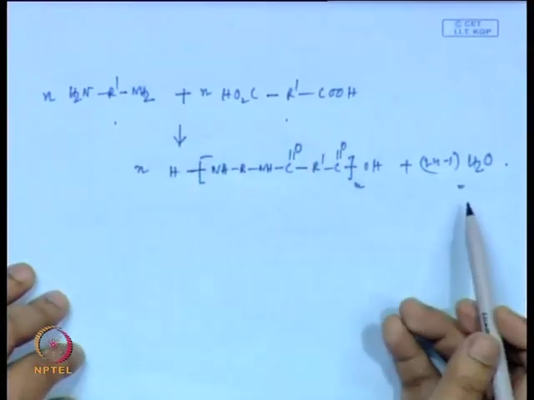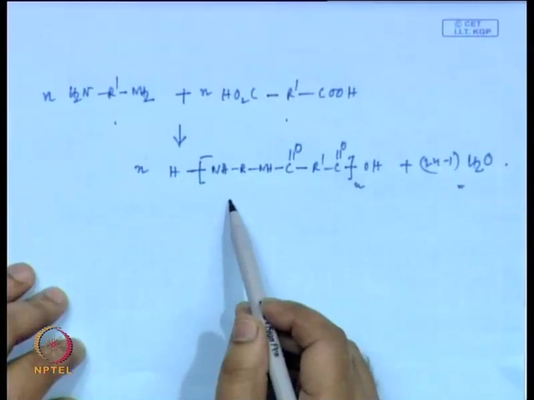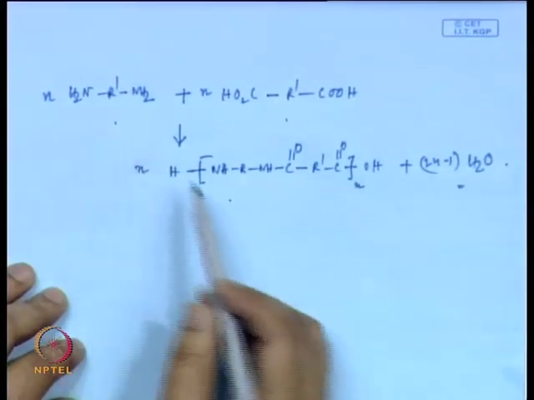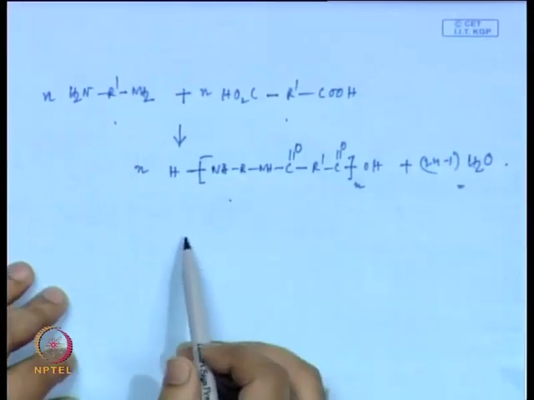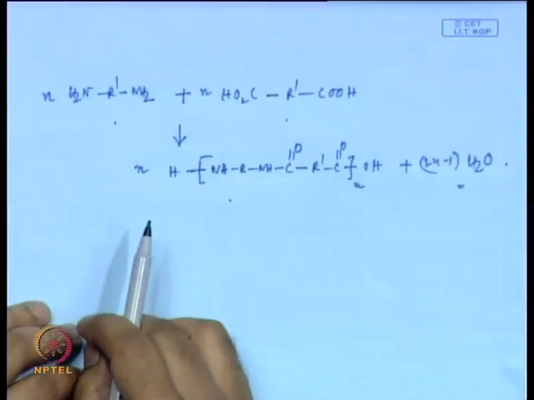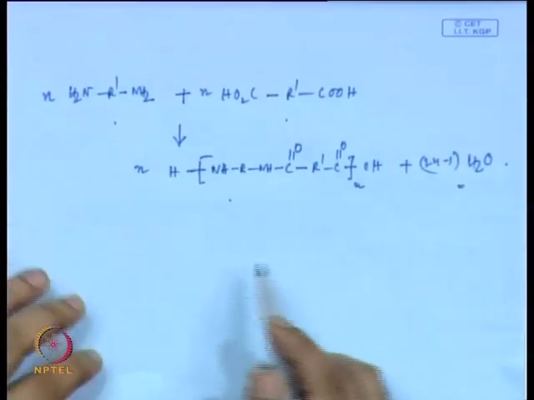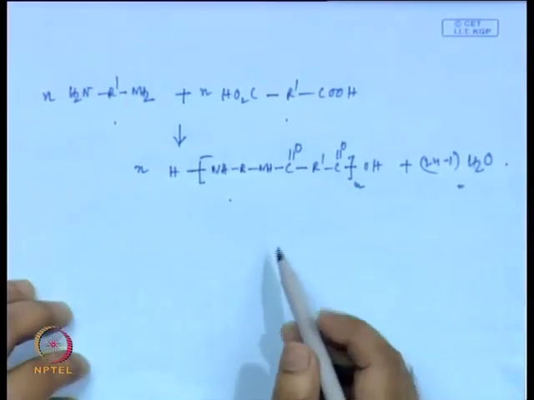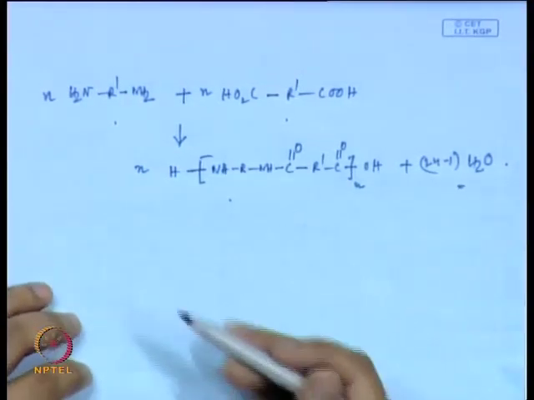You can land up in the same polymer along with different small molecules, or polyamides can be synthesized by self condensation of amino acids, which will make polypeptides. So, the same type of polymers, in this case polyamides, can be synthesized by different sets of monomers or self condensation of these amino acids.